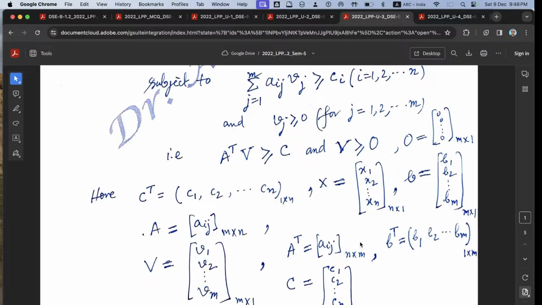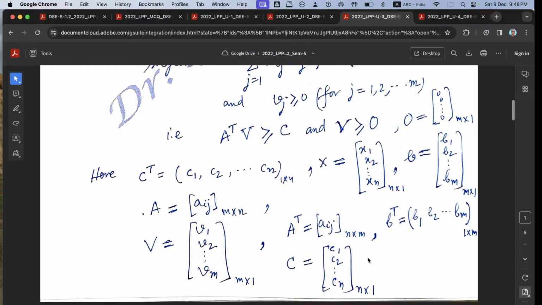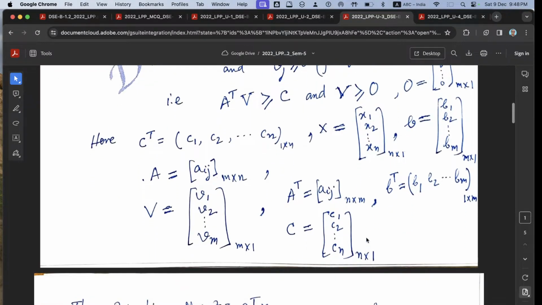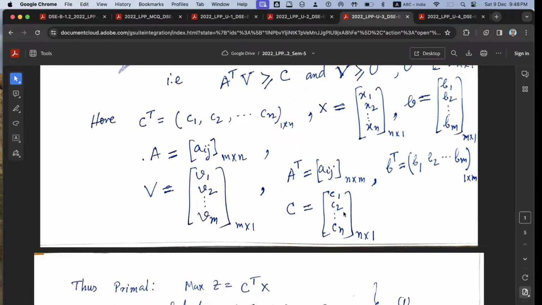A transpose is the transpose of the matrix Aij, of size n by m. B transpose is B1, B2, Bm, of size 1 by m, and C is the n by 1 column vector C1, C2, Cn.